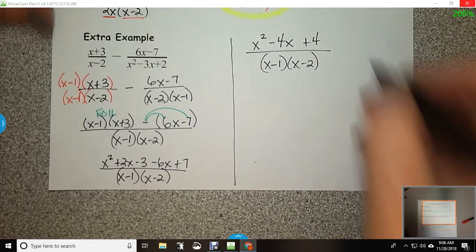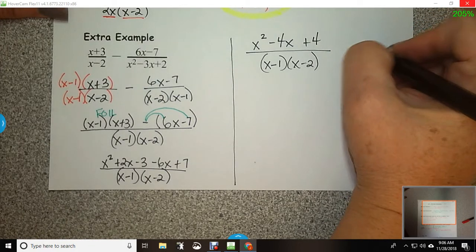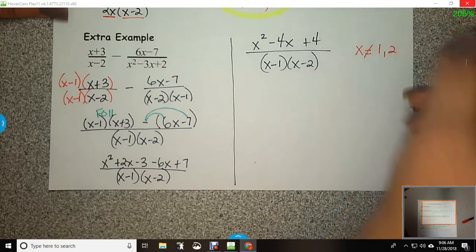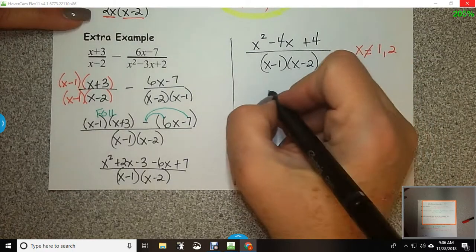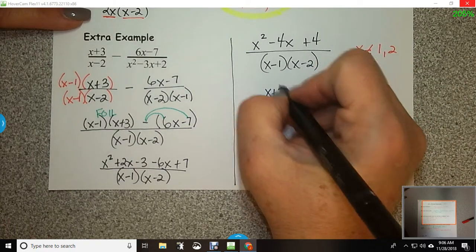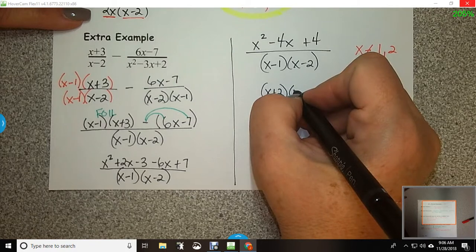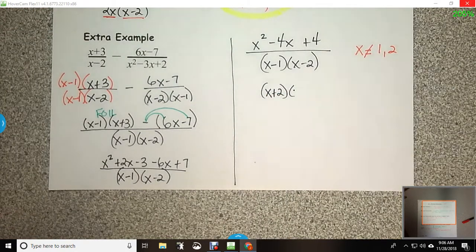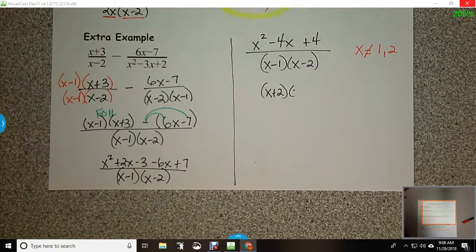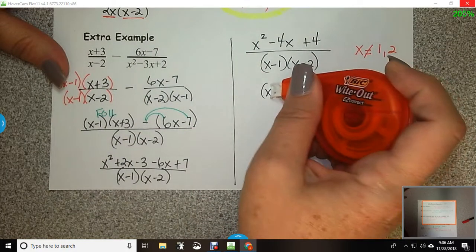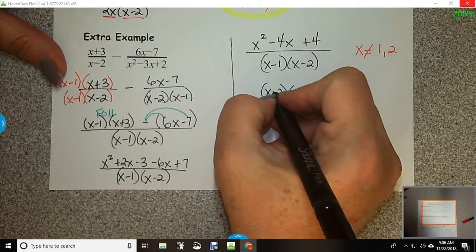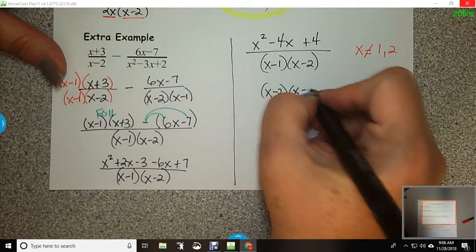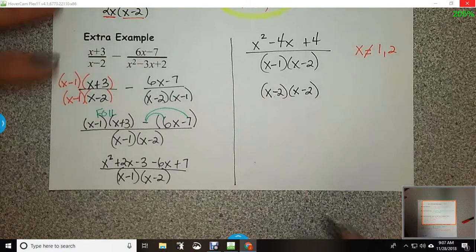State your restrictions. X cannot equal 1 or 2. And now, just like yesterday, we want to factor the numerator. Oh, that's not an x plus, sorry. That should be x minus 2, not a plus. And that's also going to be an x minus 2.